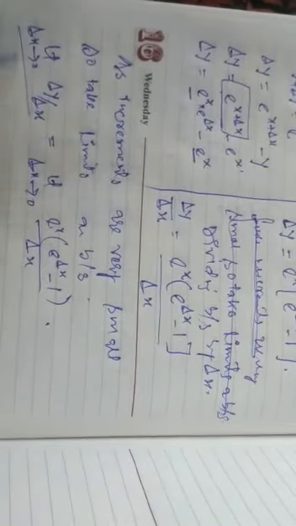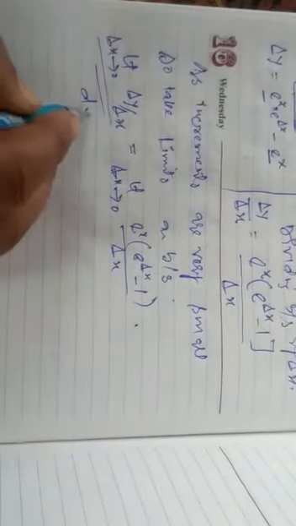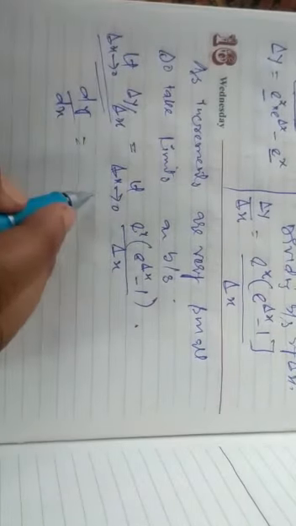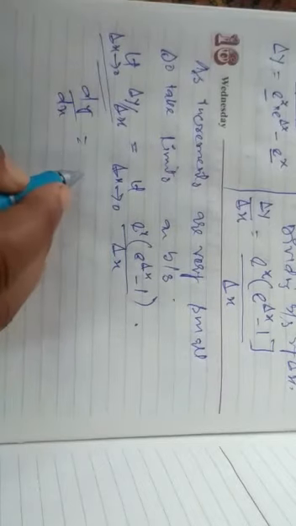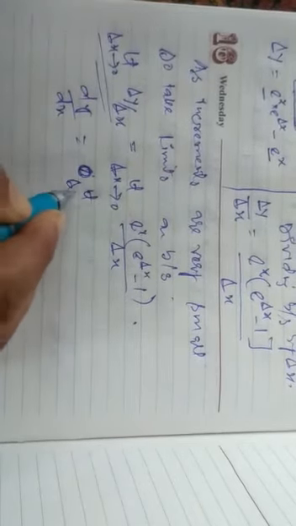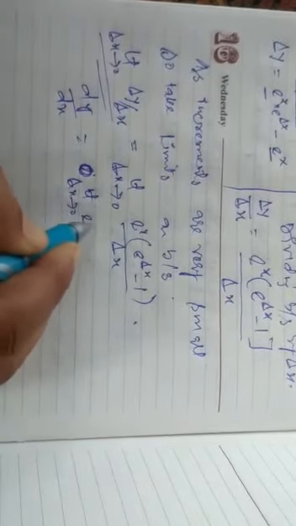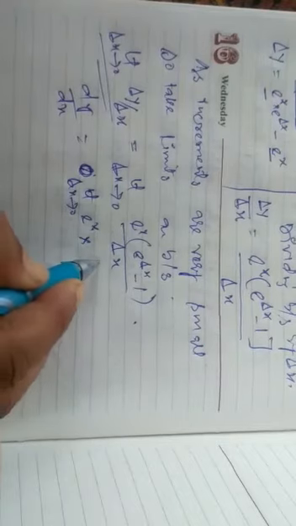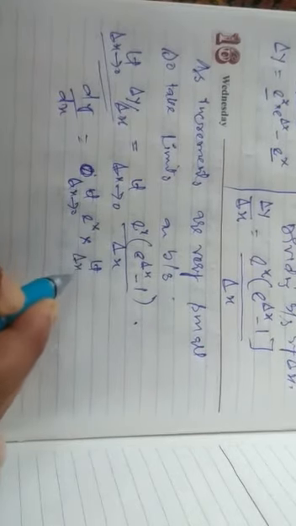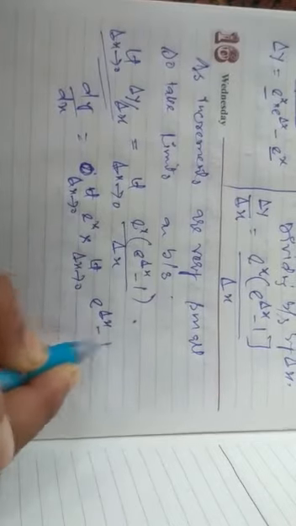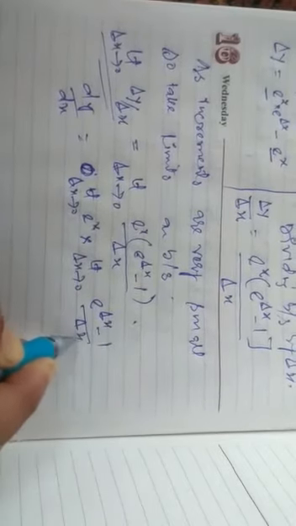In maths this is written as dy by dx, and we can put it like this: limit of delta x tends to 0 e raised to the power x into, because they are in multiplication, limit of delta x tends to 0 e raised to the power delta x minus 1 by delta x.